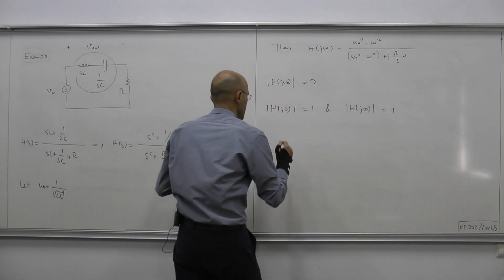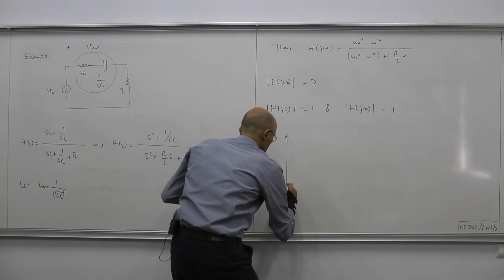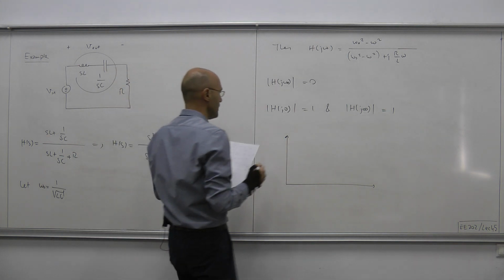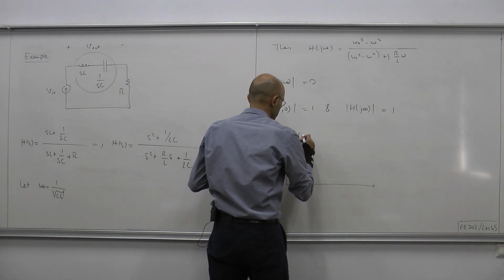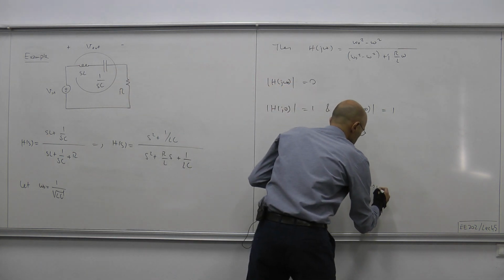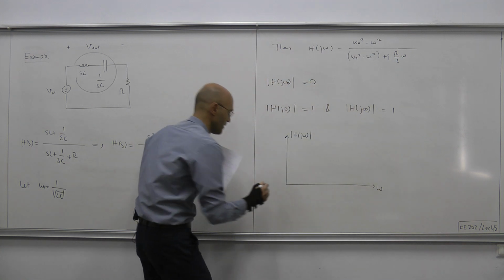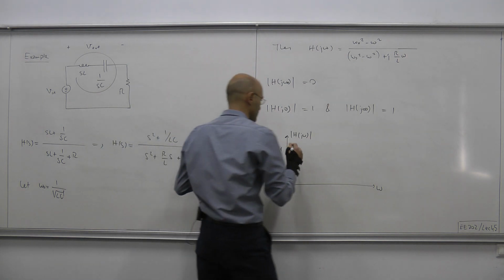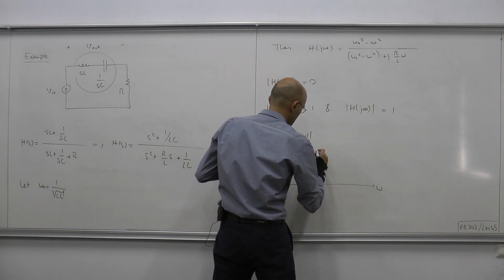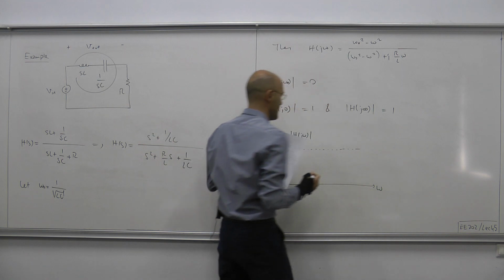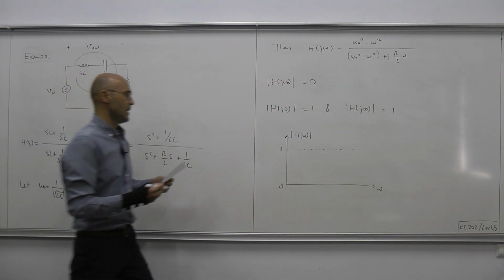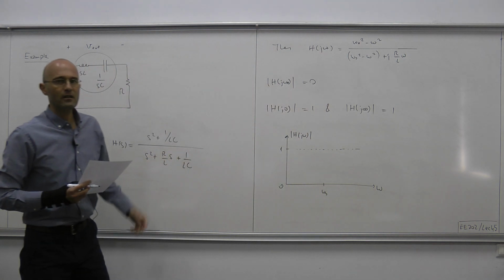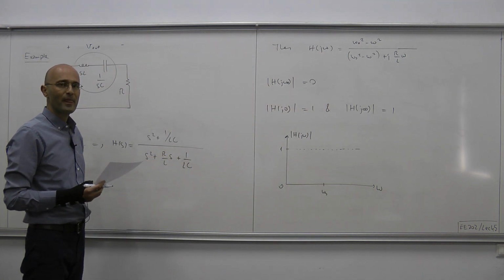Roughly, therefore, we can claim that the gain should more or less look like the following, H of j omega versus omega. At low frequencies we're at 1, and at high frequencies, again, we're close to 1, and somewhere in the middle, at omega equals omega 0, we hit the bottom.